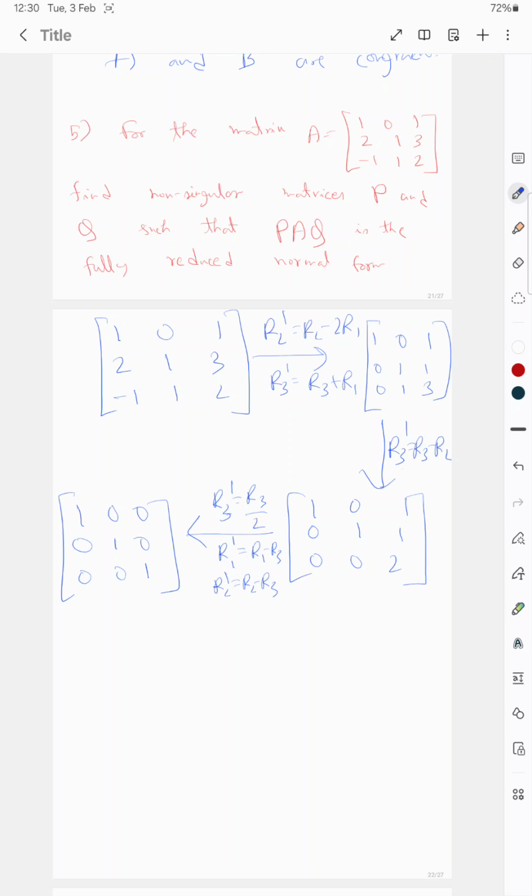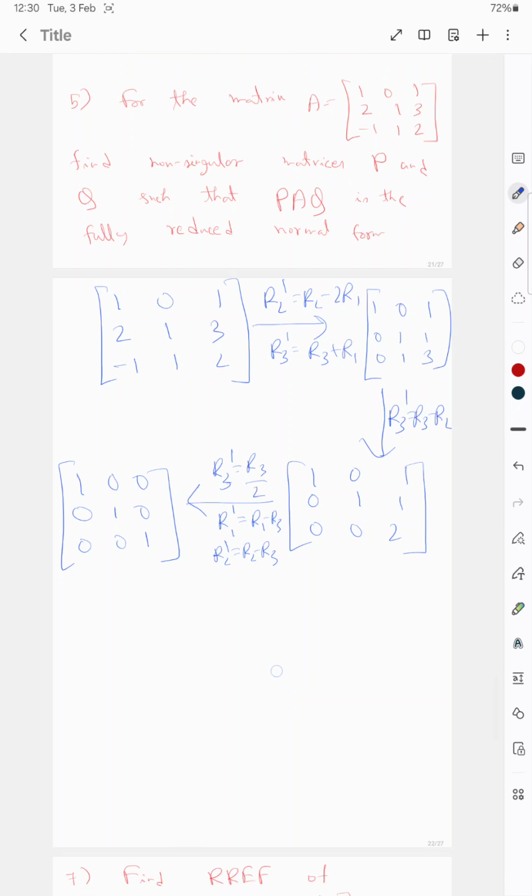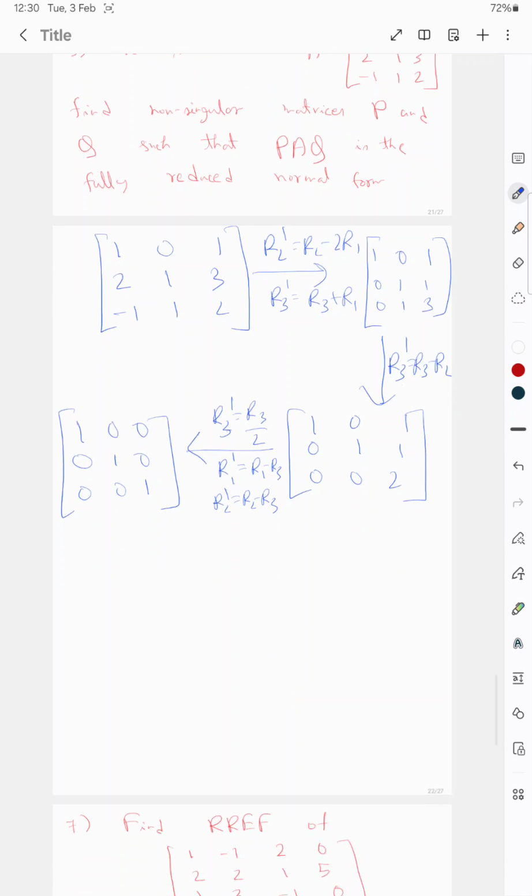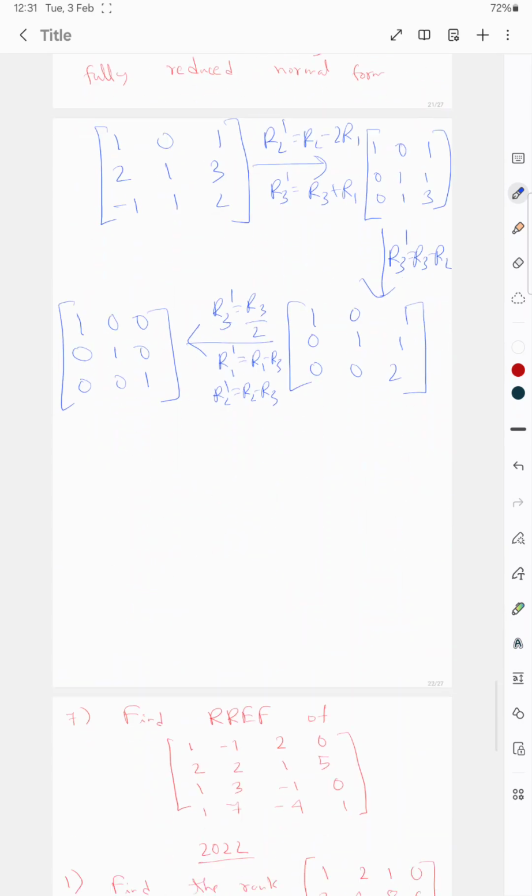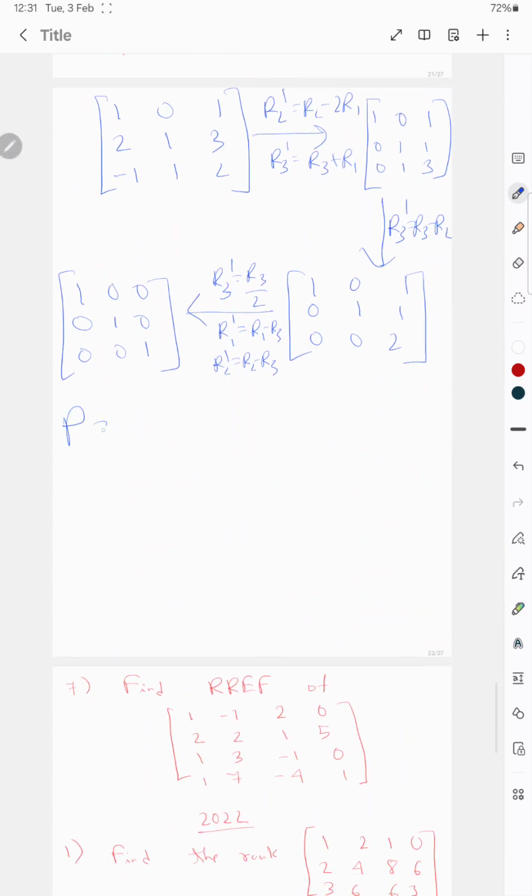So basically, if you see the first operation you have used here, so P you can write as, so the last operation is this one.